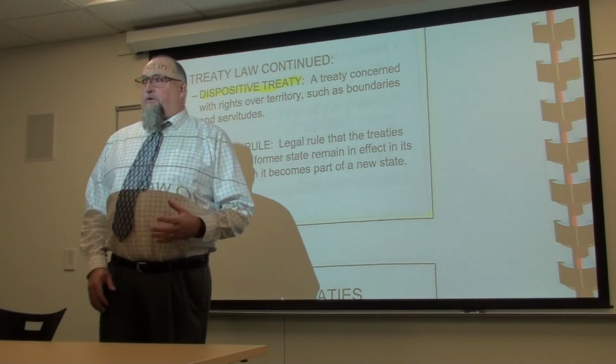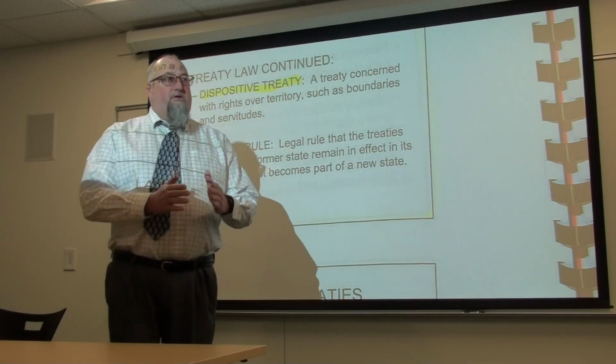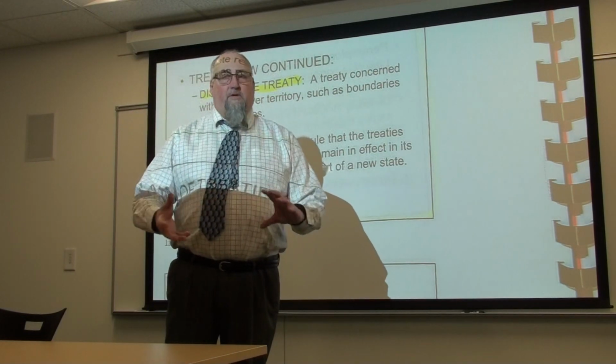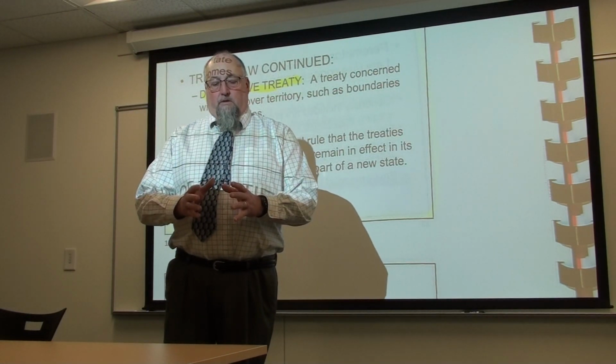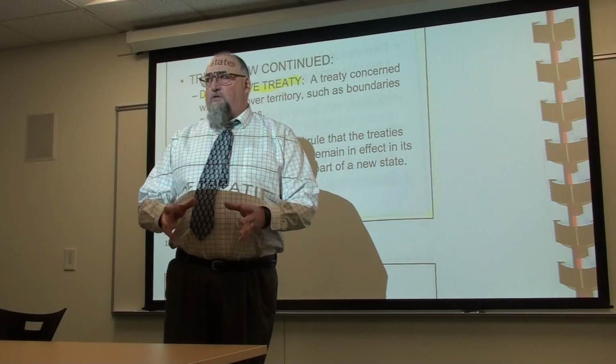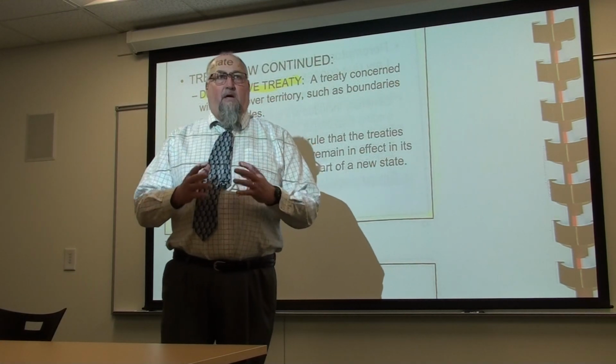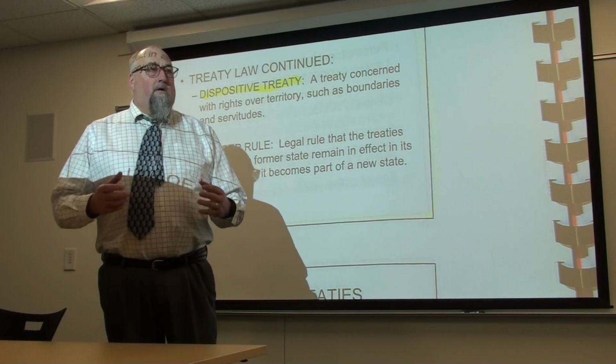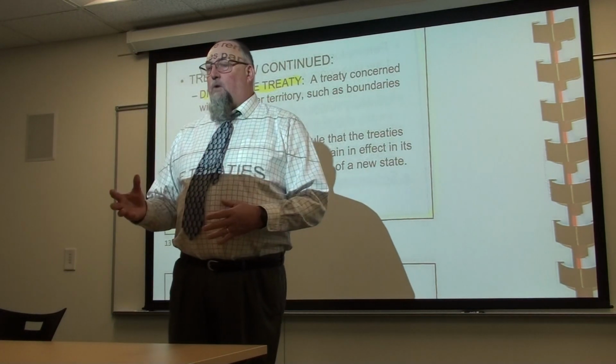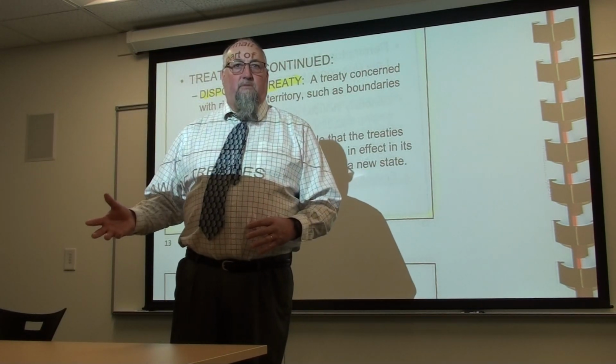So a dispositive treaty essentially is a treaty that establishes the territory of countries, and the idea of a dispositive treaty is that once that treaty has been entered into, it essentially will be binding no matter what, even if you have a change in regimes.